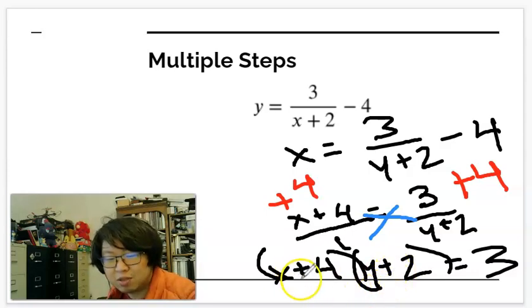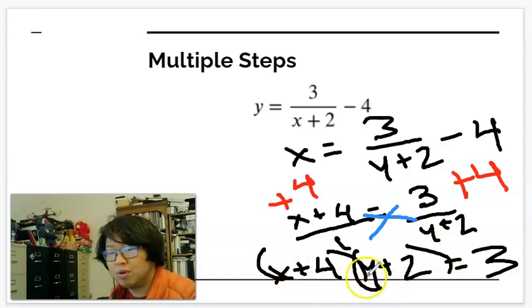Okay. So x plus 4 and y plus 2. Well, now these two things are being multiplied, so I need to divide. All right. Let me go ahead and move over here. It's going to be a little messy, a little cramped, but I'm sure you'll be able to handle it. Okay. Or I could clear it off. So go ahead and copy what you've got here. Let me clear it off, and we'll start from that step, okay?